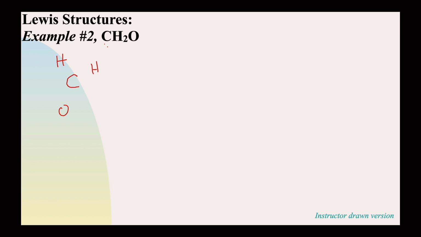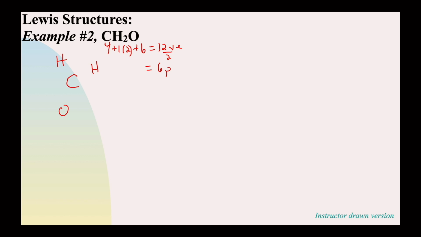Carbon is in group 4, so it has 4 valence electrons. Hydrogen is 1, and there's 2 of them, and oxygen is group 6, so it has 6 valence electrons. So 4 plus 2 plus 6, this is going to be 12 valence electrons, or if you divide it by 2, that means 6 pairs.